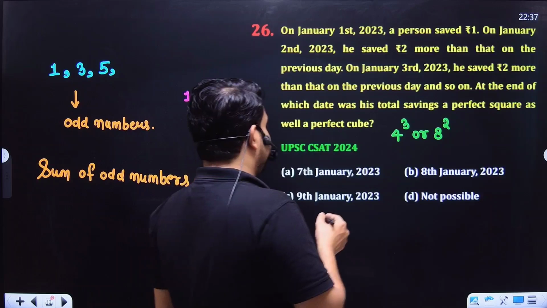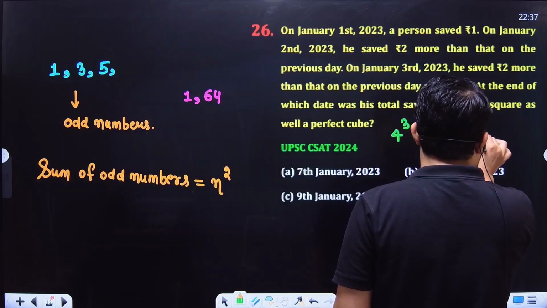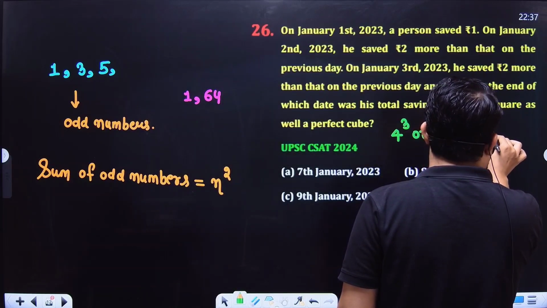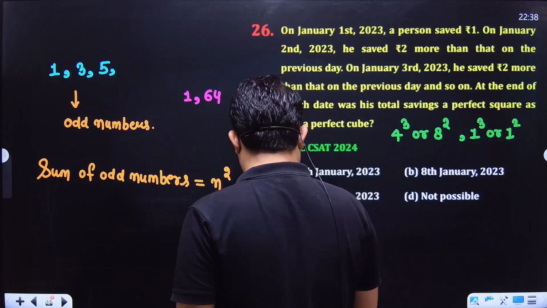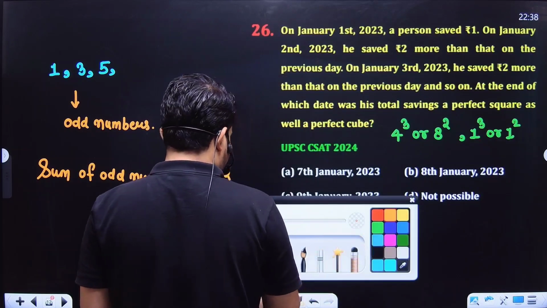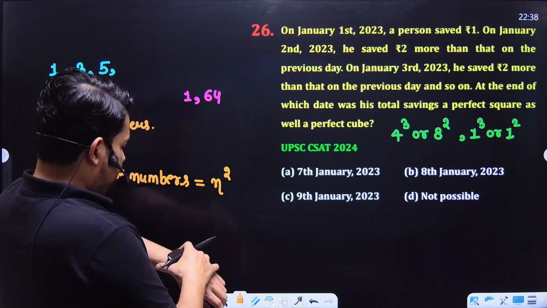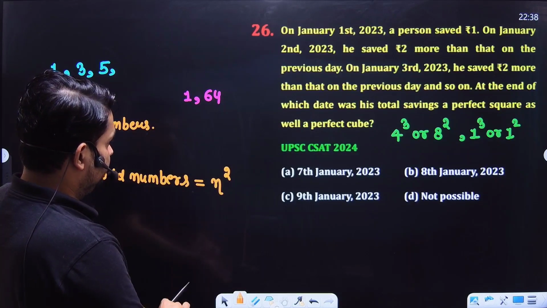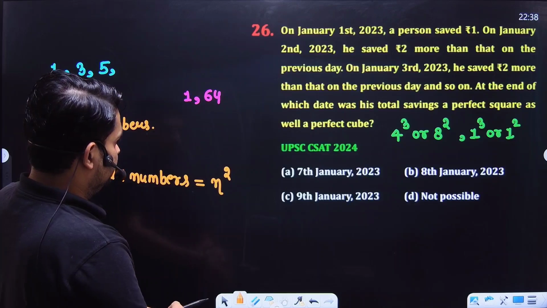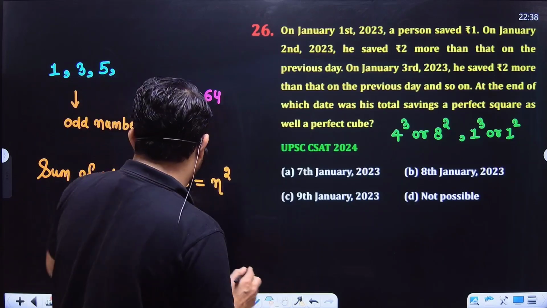And what is 1? It is 1 cube or 1 square.